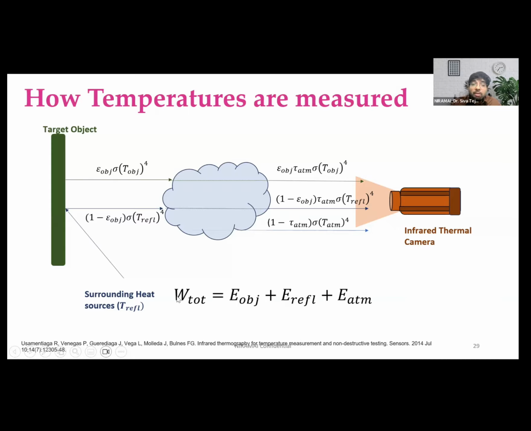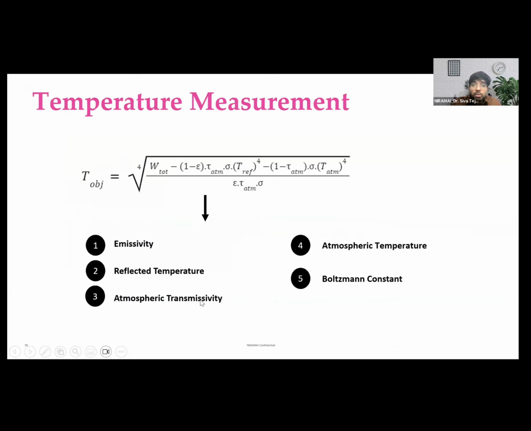So the thermal camera captures this entire total energy, and using thermodynamic principles, you can obtain the temperature of the object by having some of the parameters as known parameters. If you set the emissivity, reflected temperature, and atmospheric transmittivity, you would be able to accurately get the temperature values.